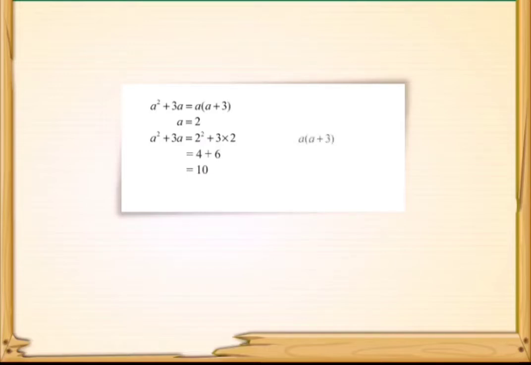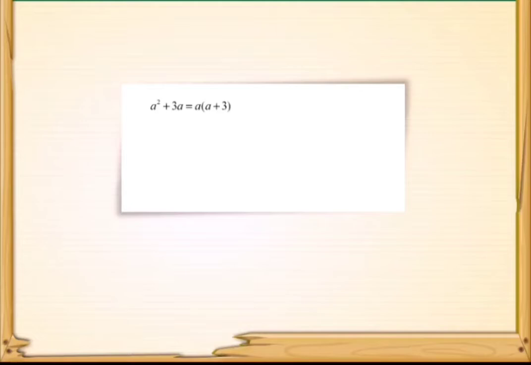Next, in the right-hand side of the equality, substitute a with 2 to check whether the result is 10. On substituting a with 2, you get 2 multiplied by 5, which is equal to 10. For 2 as the value of a, both left-hand side and right-hand side will be 10. Therefore, the left-hand side is equal to the right-hand side.